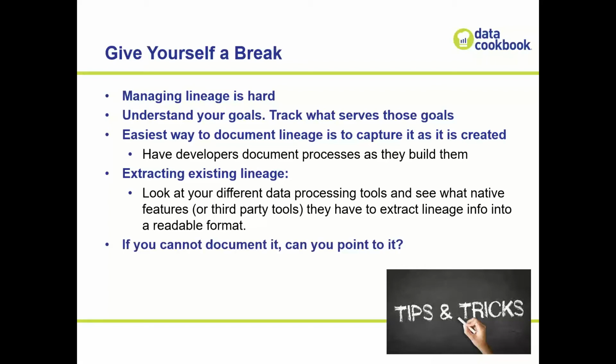Now, if you cannot document it, can you point to it, right? If we back up to where we know we're coming from this entity to this entity in this process, or this system to this system, at least you can point to where those ETL processes or views live, so that someone at least knows in your common repository a starting point to find that information if the only opportunity you have is to dig in the code.